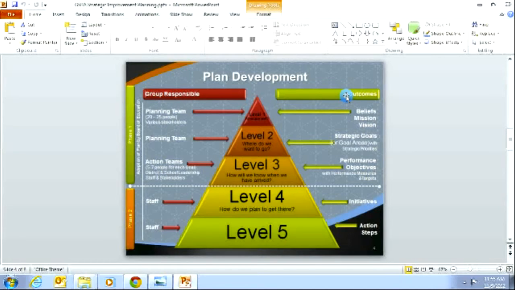What they will be doing and the outcomes will be beliefs, mission, vision, and strategic goal areas for the planning team, and then performance objectives with performance measures and targets for the action team.